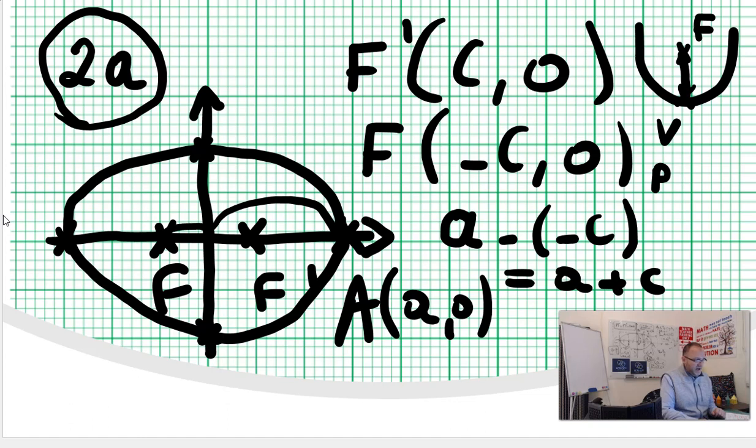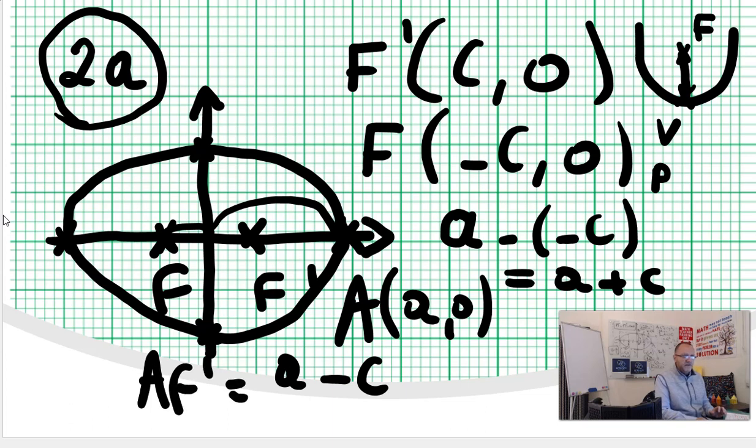So AF equals a plus c. And then the distance from A to F prime is what? It's a minus c. You agree? Okay. So AF prime equals a minus c.